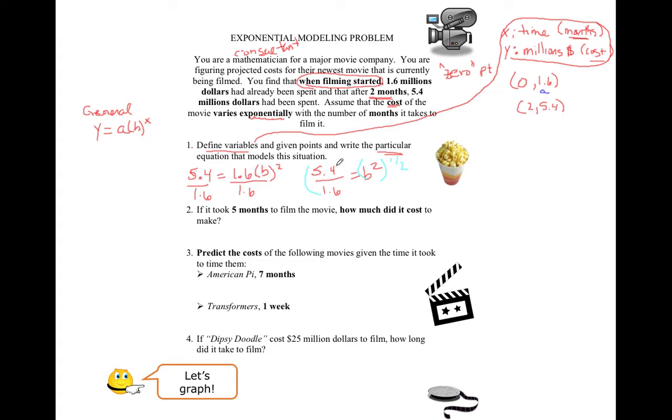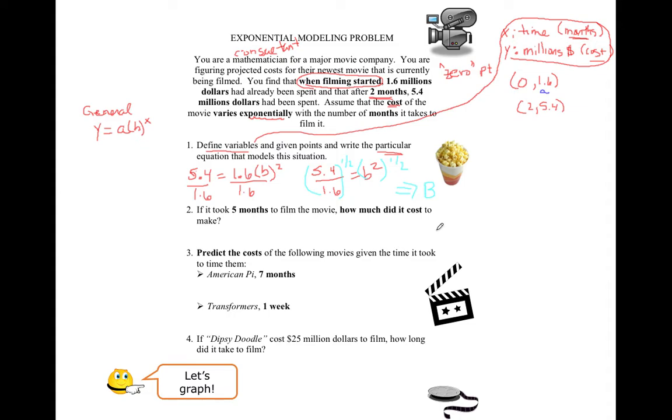Now, yes, I know that square root, but again, what if that exponent had been 2/3, or what if that exponent had been 4/7? You can raise each side to the reciprocal power and isolate b. I'm going to store this in alpha b on my calculator.